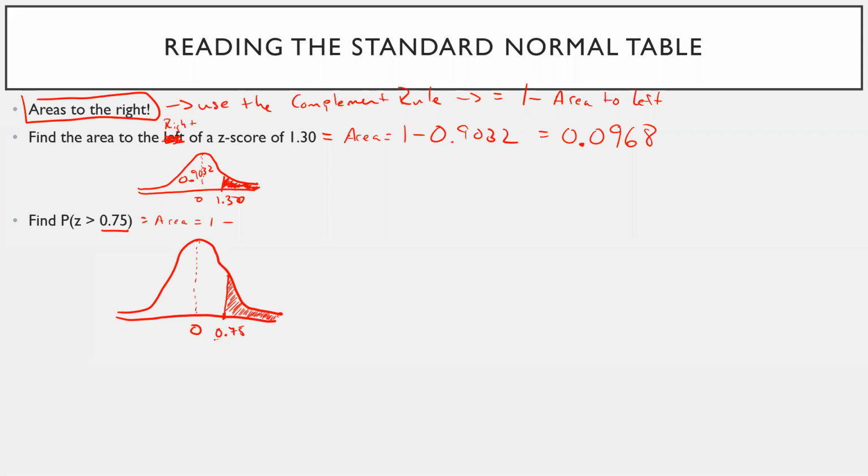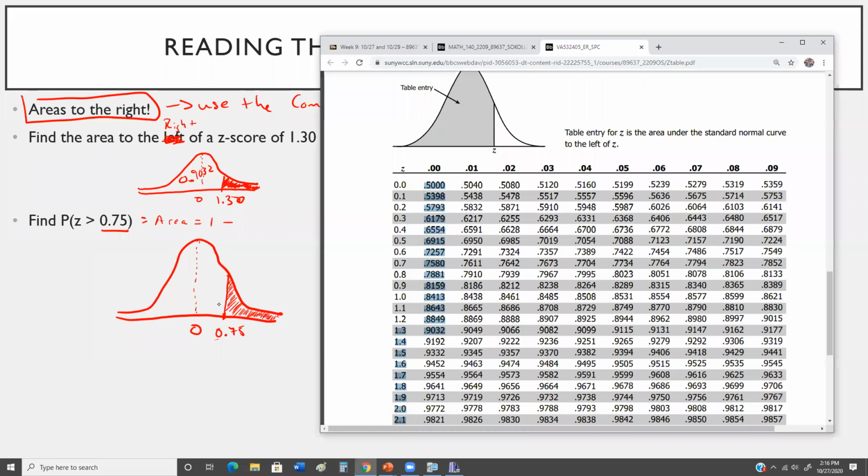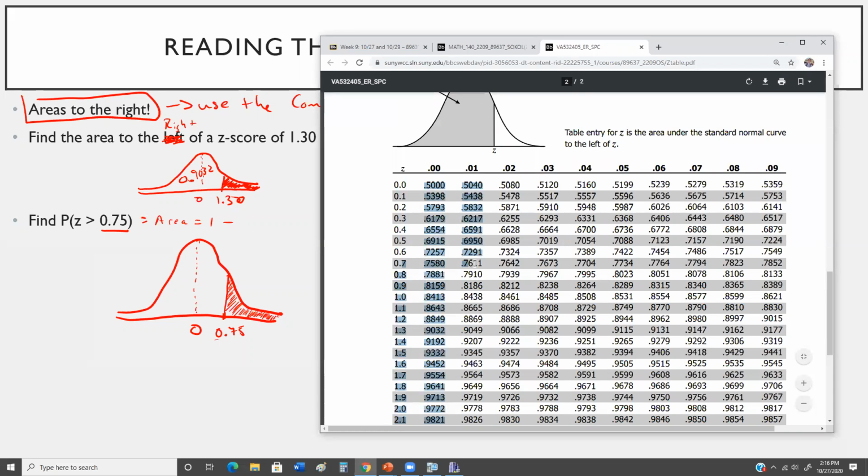So now I'm going to go to my table and look up 0.75. So here's 0.7. Here's 5 all the way over here. Do you guys see the value? Yep, thank you, 0.7734. So it's just 1 minus that.